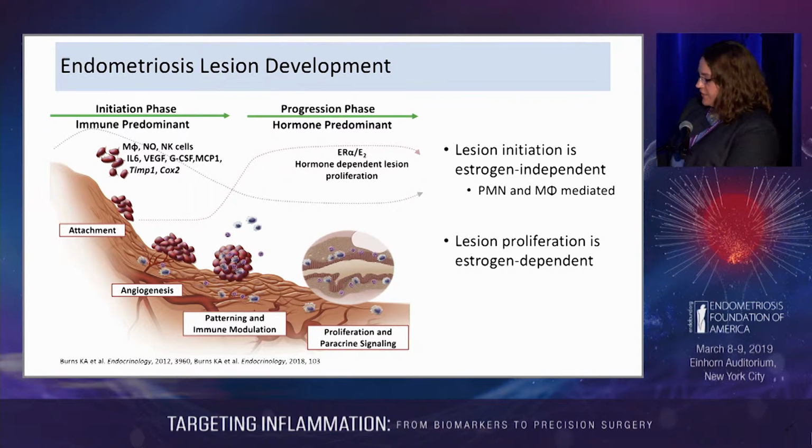But all of this is due to an interconnected series of stages through attachment, development of a blood supply, patterning and immune modulation, because we start out with tissue that doesn't look very glandular when we first begin developing these lesions. These reorganize and develop what is known as the proliferative lesion, the established lesion, and then these respond to hormones.